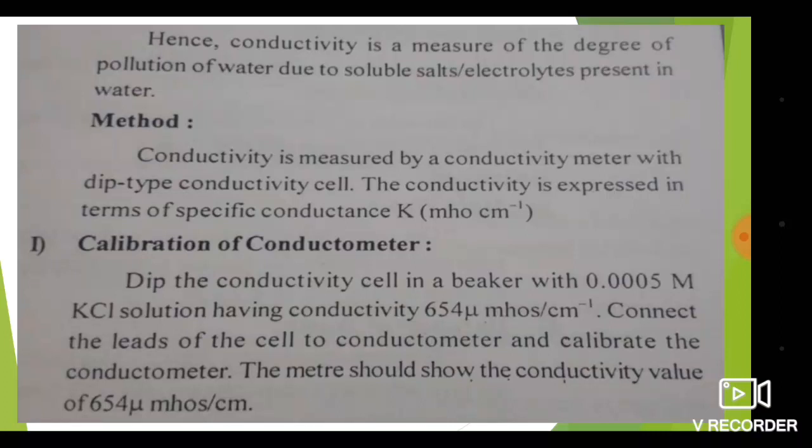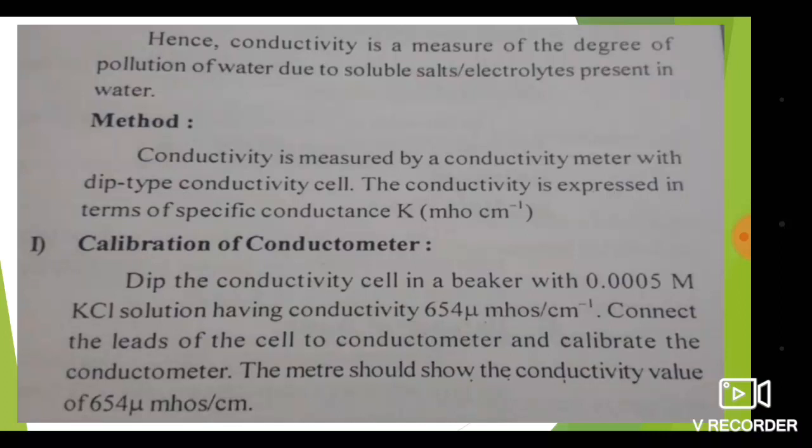Calibration of the conductometer. First, we are going to measure the conductivity. The first step is to calibrate the given conductometer. Leave the conductivity cell in a beaker with 0.0005 molar KCl solution, having a standard conductivity of 654 micromhos per centimeter.